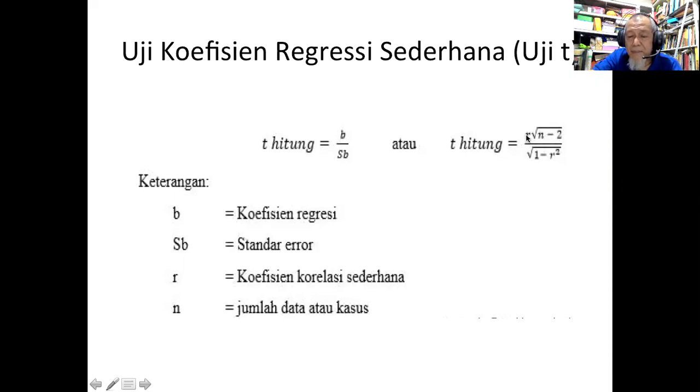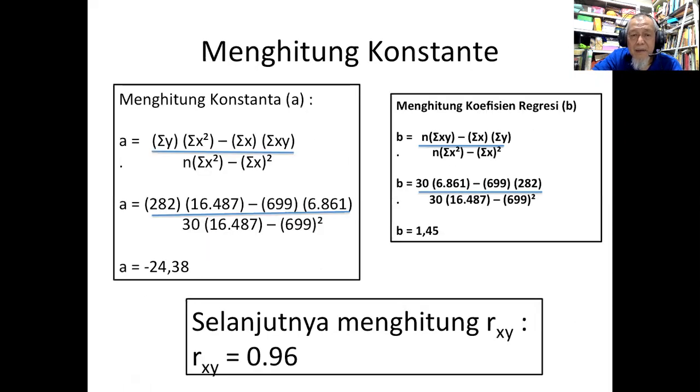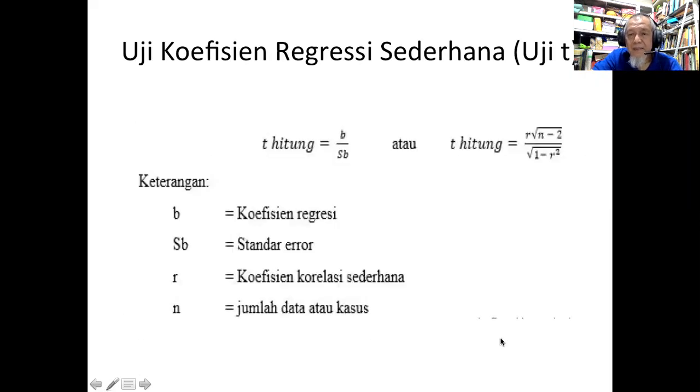If you remember the calculation for rXY using Pearson product moment. So here is the formula to calculate the T observed, the T statistic: R times square root of n minus 2 divided by square root of 1 minus R square.